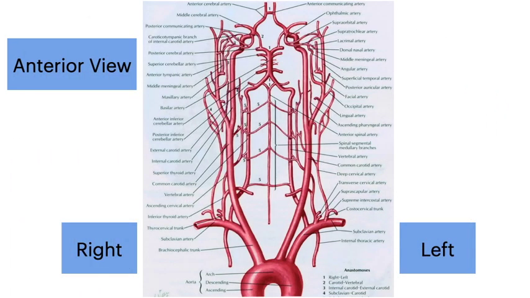This picture shows the anterior view of the vascular system. When you look at the diagram, you have to imagine that you are observing a patient. Therefore, the left diagram represents the right side of the body. At the bottom of the page, you see the aorta.